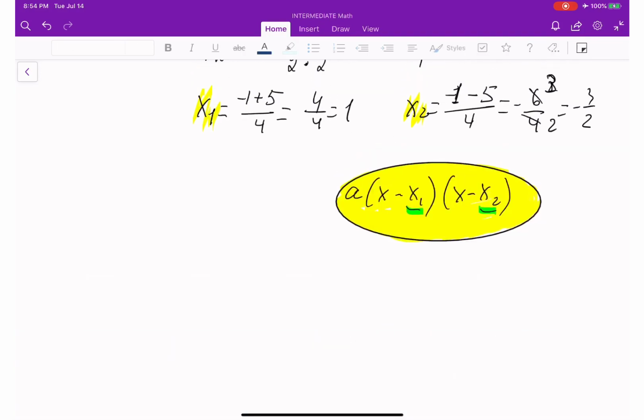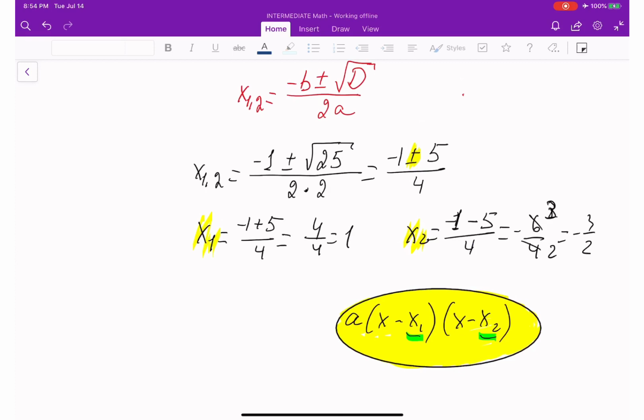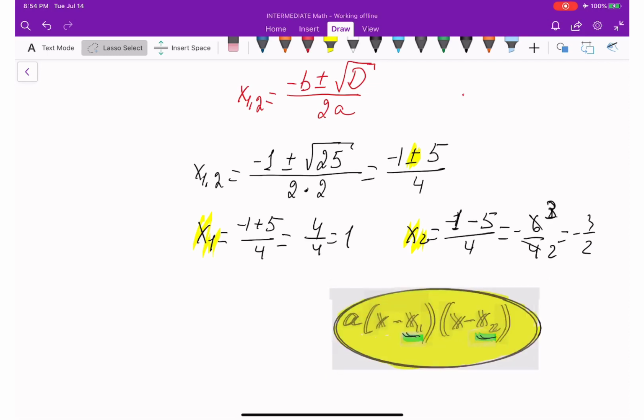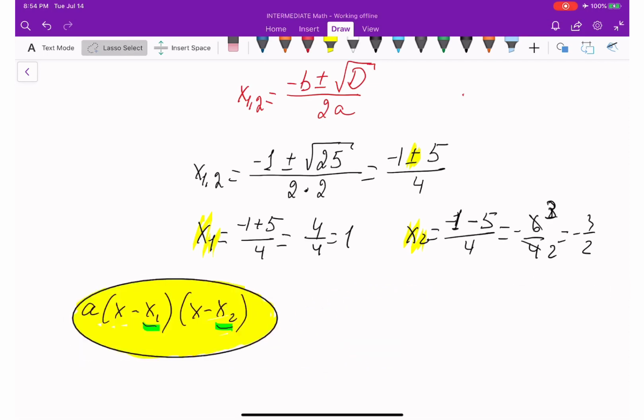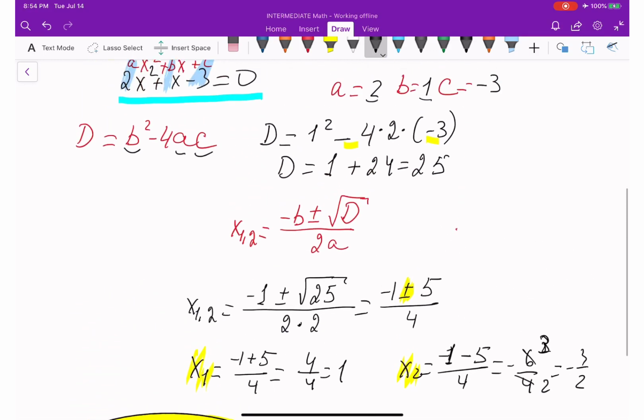There we go. And the solution is going to be, how much is my a? 2.